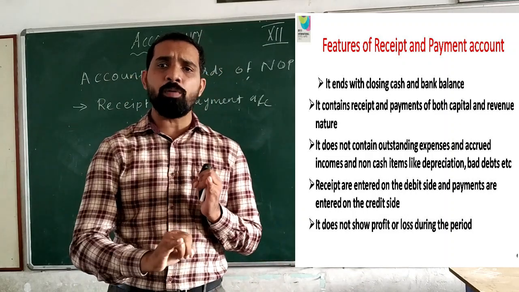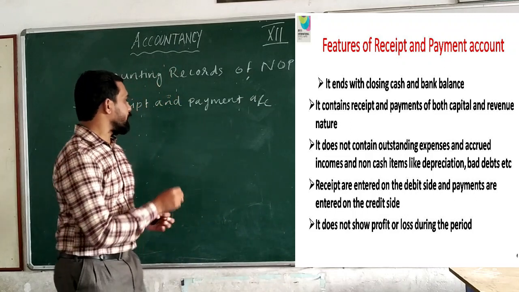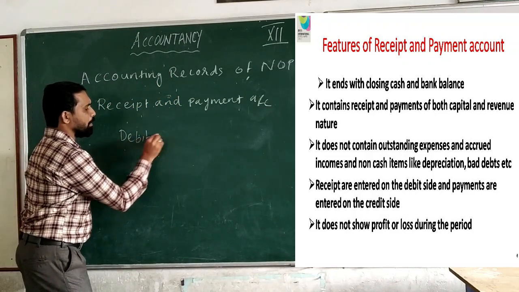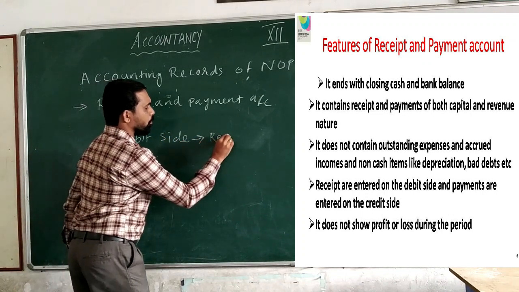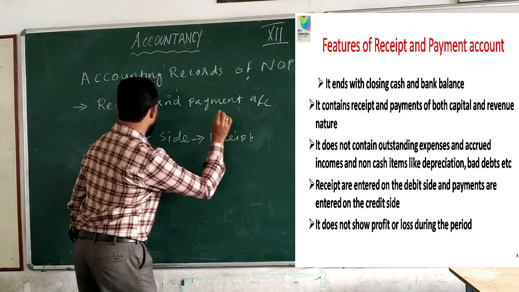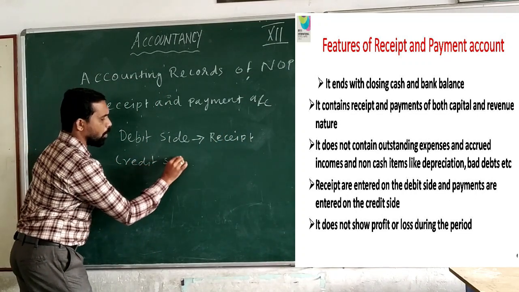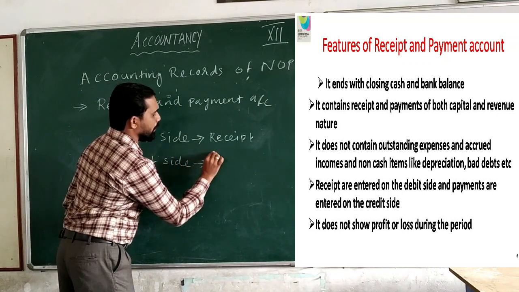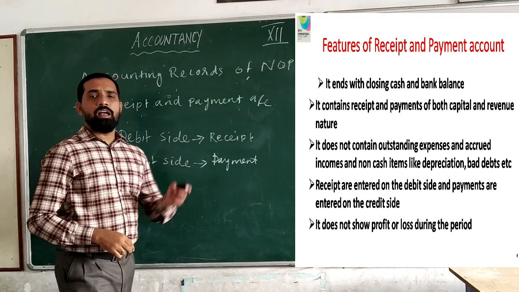And then the next point, receipts are entered on the debit side. Debit side, all receipts. Then credit side, payments.